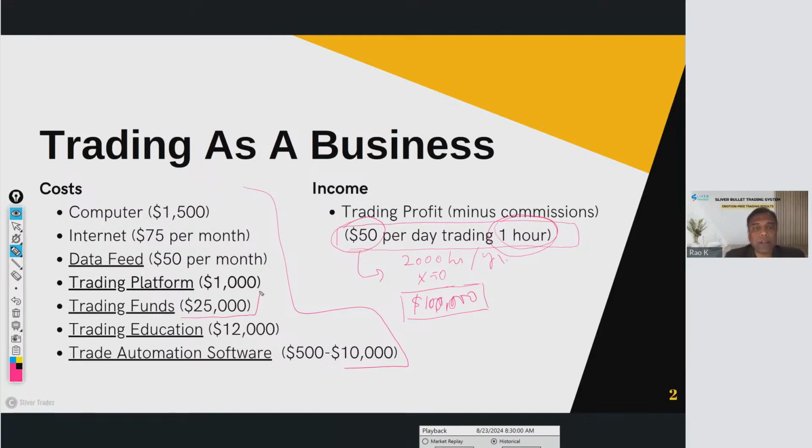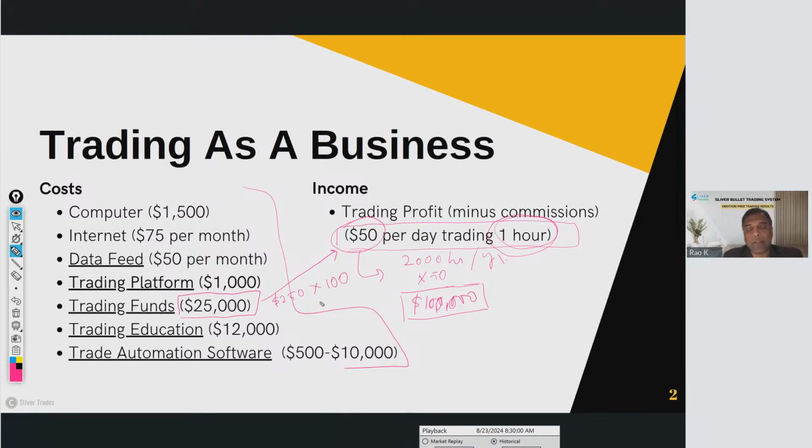And then these trading funds, $25,000, if you use them, can generate $50 in an hour easily. How? Say you trade a stock which is $250 per share, and the minimum lot you have to trade for day trading is 100 shares.